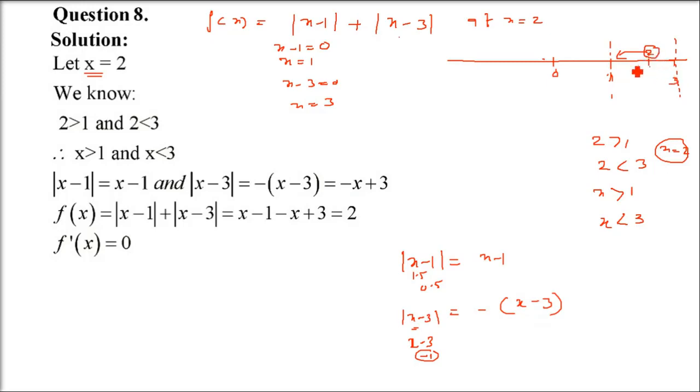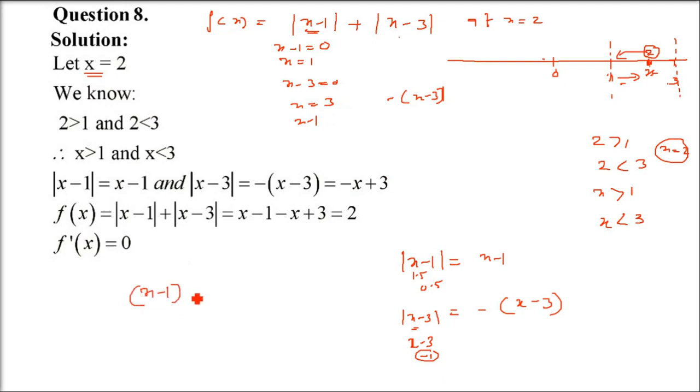So in this range 1 to 3, if x is between 1 and 3, x minus 1 will give you positive x minus 1 and x minus 3 will give you negative x minus 3 if you talk about modulus of these two functions, right? So now in place of x minus 1, you can easily write x minus 1, but in place of x minus 3, you are going to write minus (x minus 3).